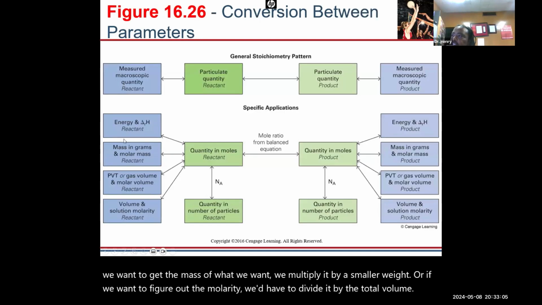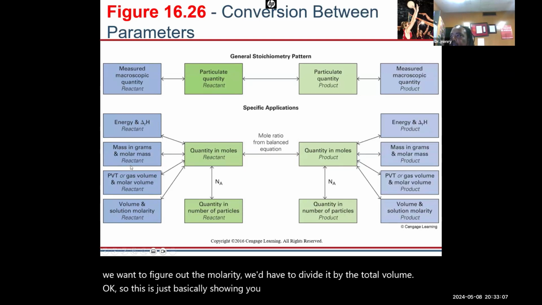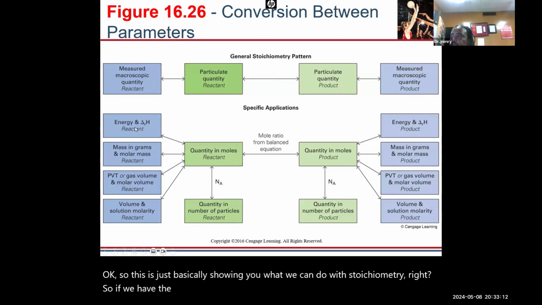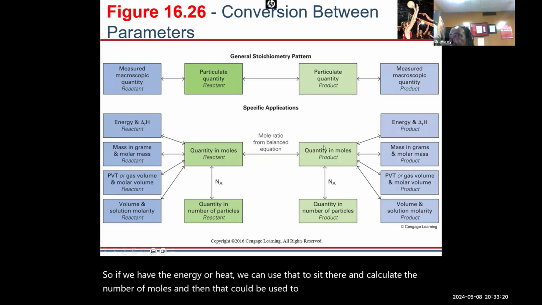Okay, so this is just basically showing you what we can do with stoichiometry, right? So if we have energy or heat, we can use that to calculate the number of moles. And then that can be used to calculate from a chemical equation, we can figure out the products or other reactants.